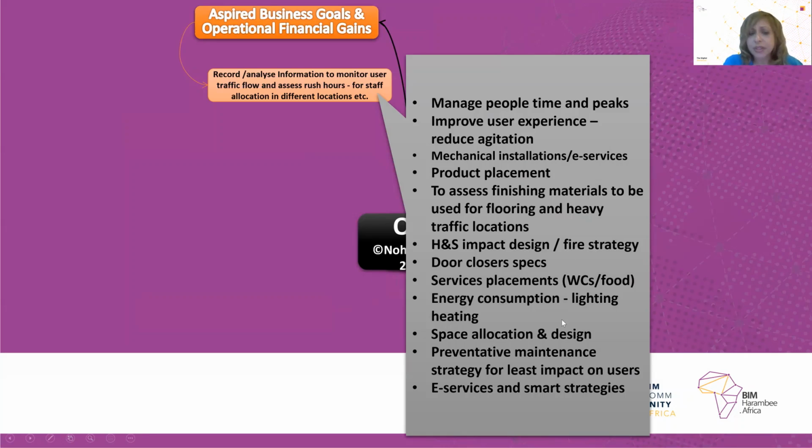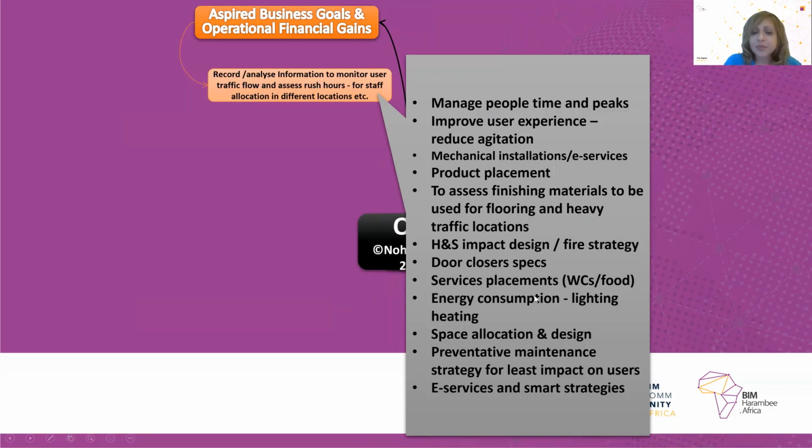energy consumption. When you monitor the user traffic flow and try to minimize it, that will of course affect the energy consumption. It will improve the space allocation. It will improve the maintenance because there will not be the usual wear and tear of all of the different areas and components within that terminal.